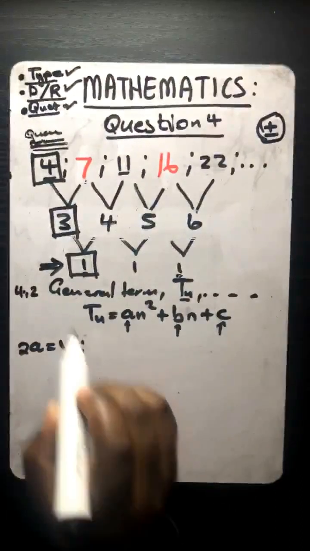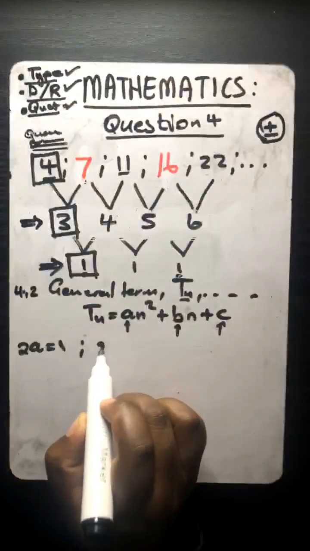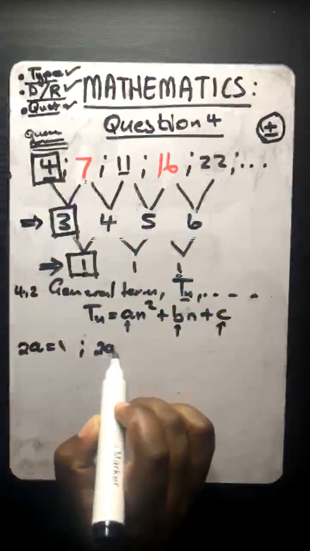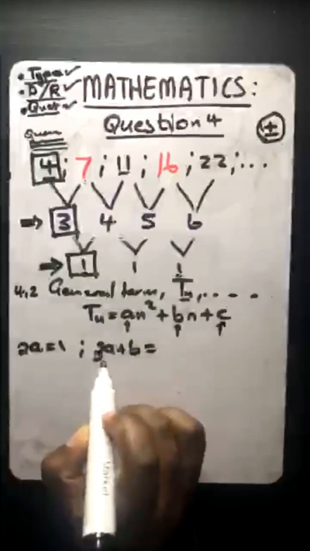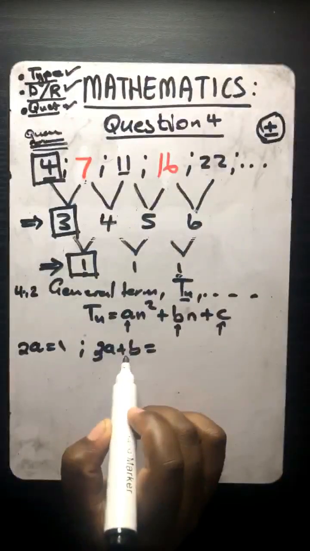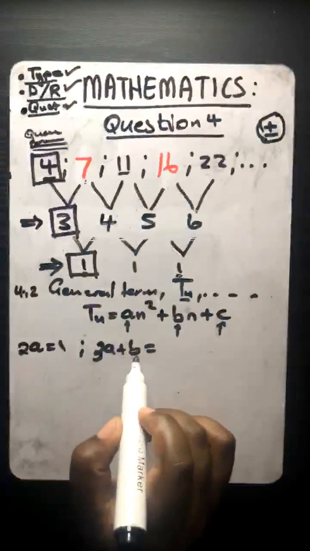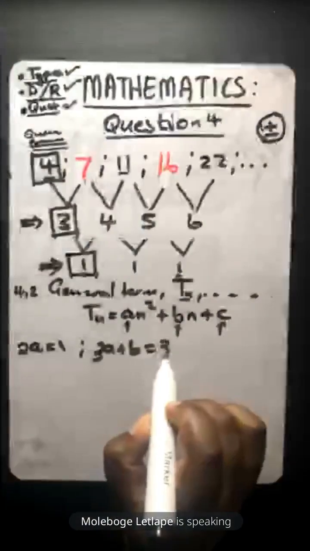Again, this one, the formula says it's equal to, what is that? Is it 2a plus b? No, I think it's 3a plus b. What is it, guys? It's 3a plus b, right? Can someone confirm? Yes, it's 3a plus b.